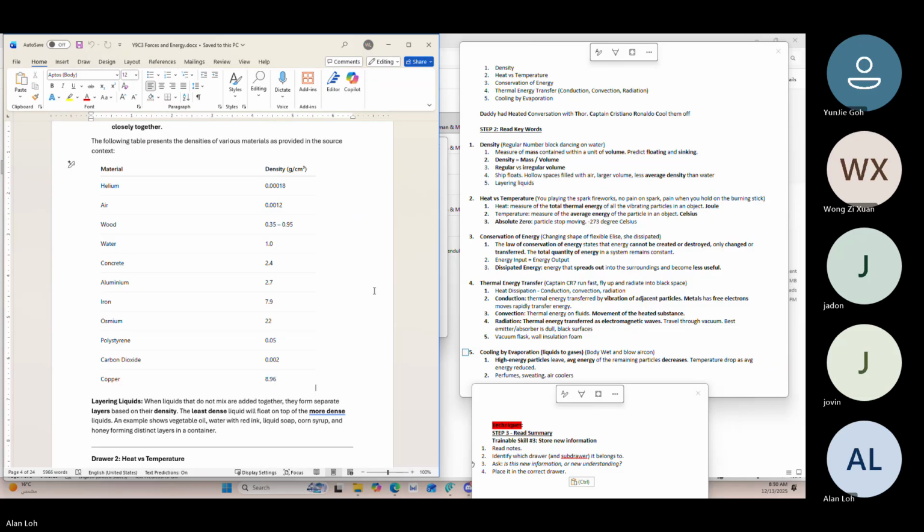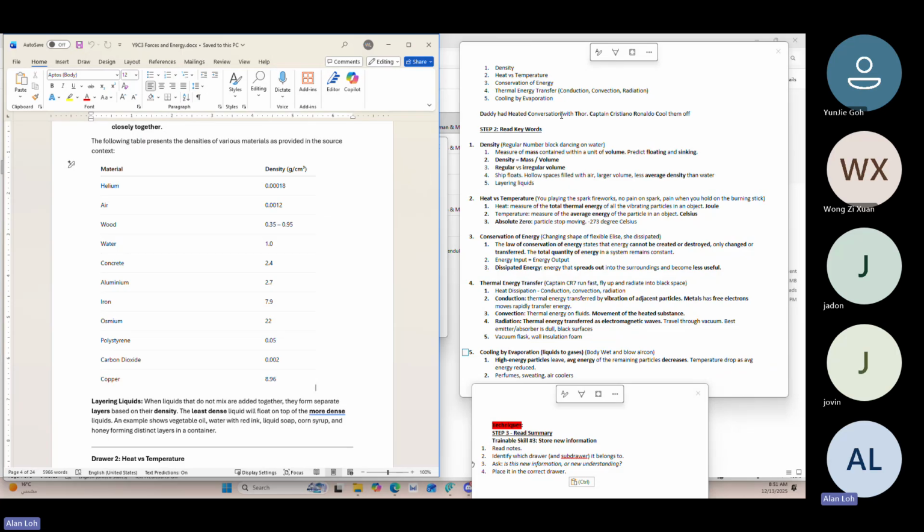Density, heat versus temperature, conservation of energy, thermal energy, evaporation, cooling, evaporation.